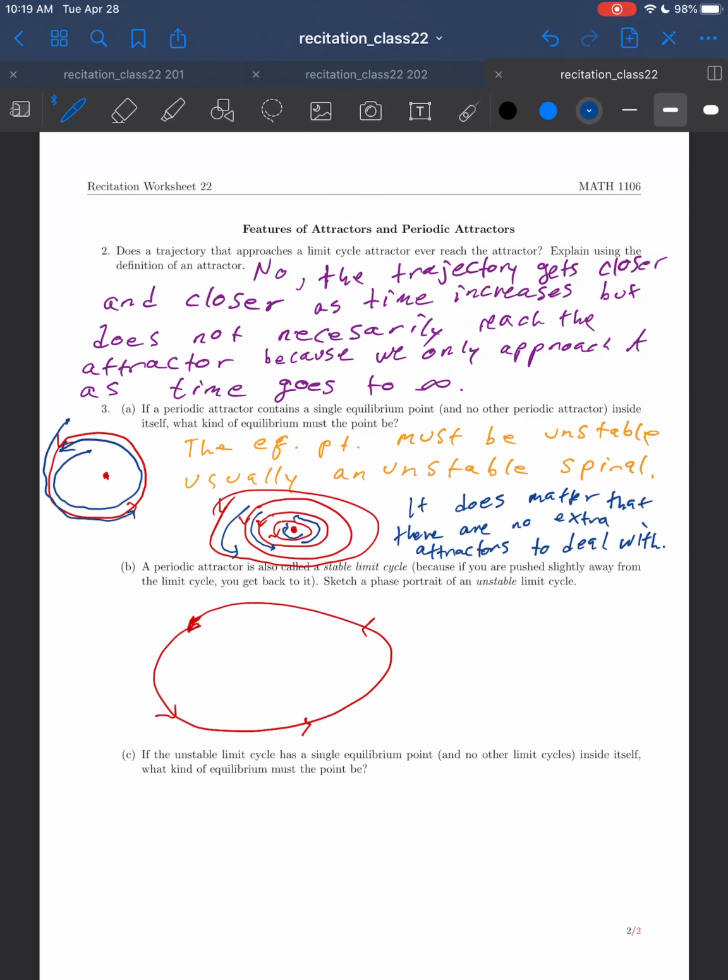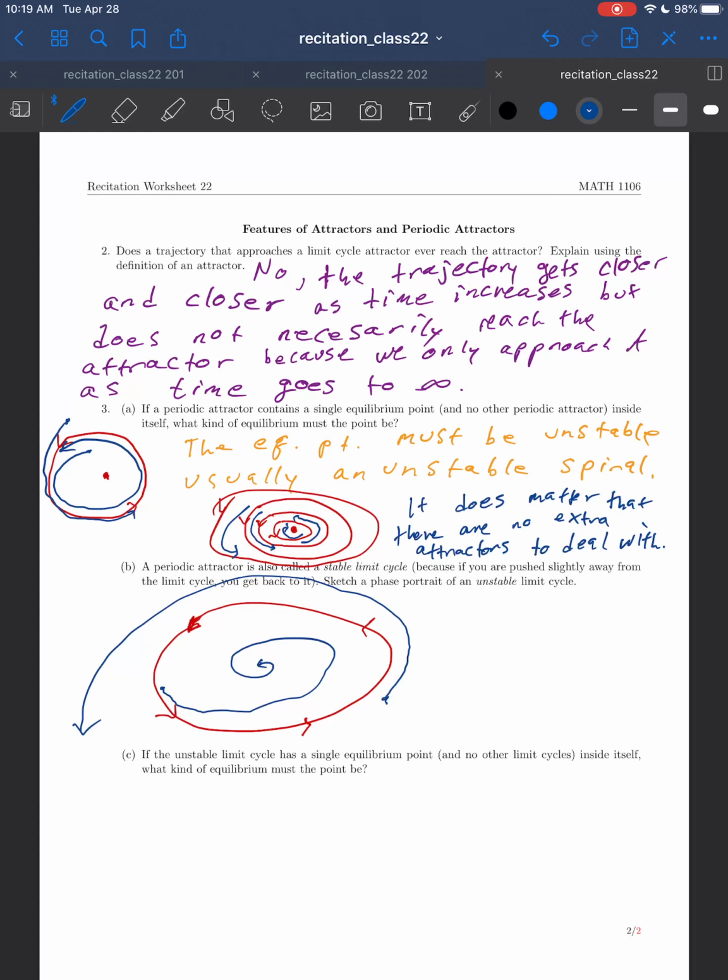What should an unstable limit cycle look like? Well, this should mean we start near it and then we move away. If we start close, we get further away as time goes on. So maybe we have something like this, and if we start on the outside, we move away as well.